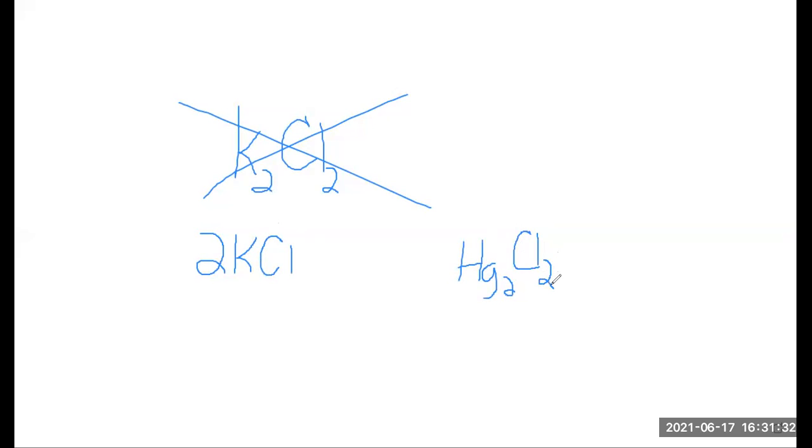Remember, mercury's weird in every way, shape, and form. It's a metal, it's a liquid, all those things. Mercury 1 always travels with a buddy, and it is the only scenario where you can have a duplicated subscript. Anything else, no.